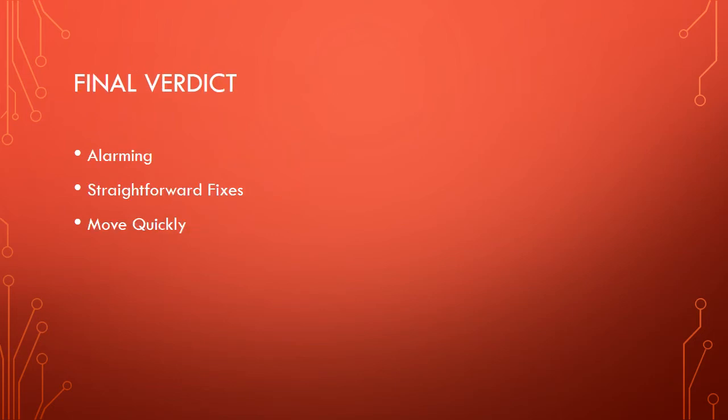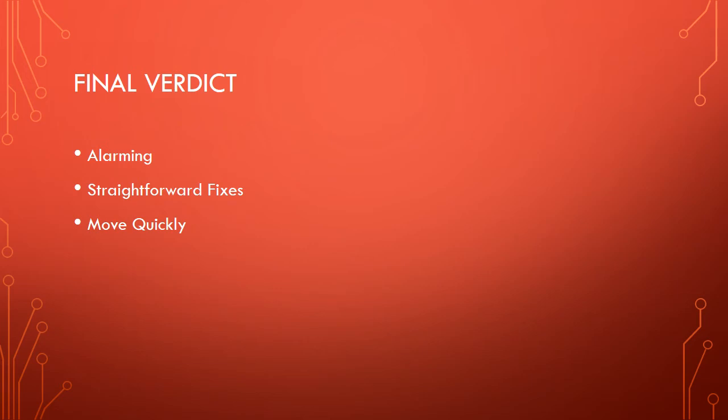Alright, so what should we actually do? Well, one, we should get these vulnerabilities fixed as soon as possible. They are alarming. We just need to update our systems. They need to be updated, but they're really straightforward. While they're so big that they can't be ignored, they're also such easy and straightforward fixes that I don't know any reason for us not to do it.